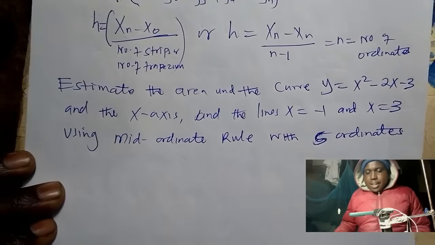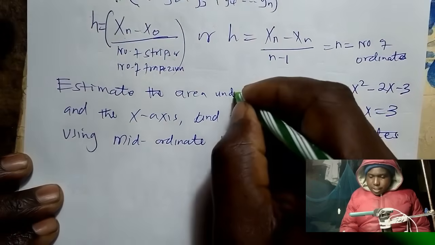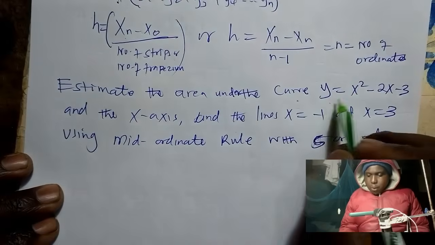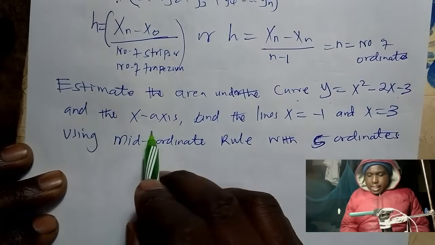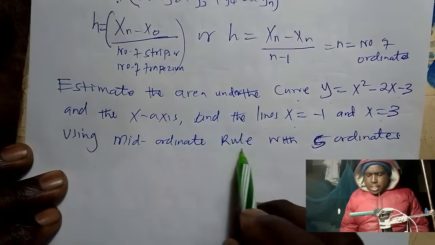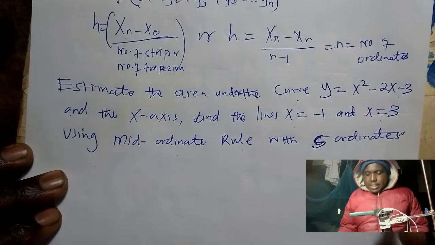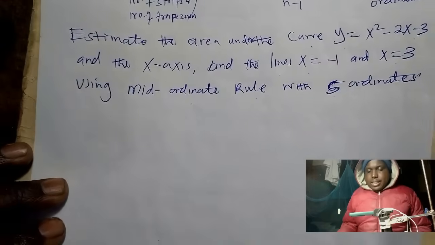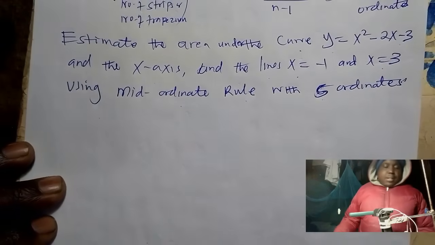Estimate the area under the curve y is equal to this, and the x-axis and the lines, using mid-ordinate rule with 5 ordinates. Very important.